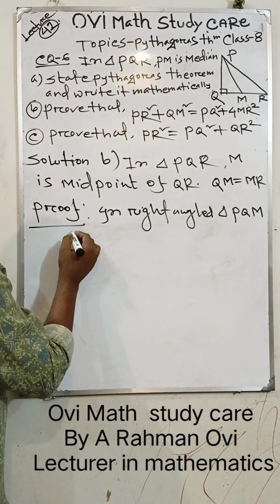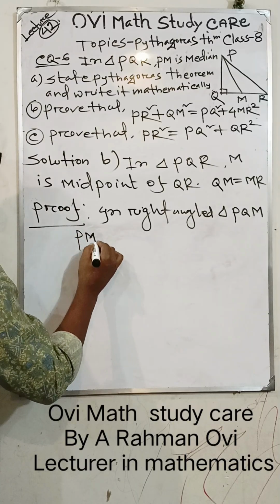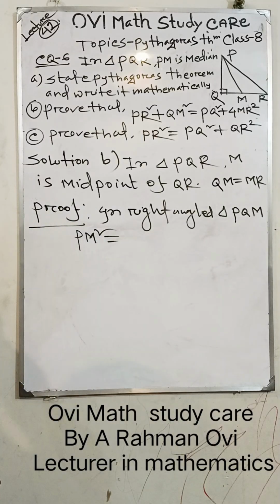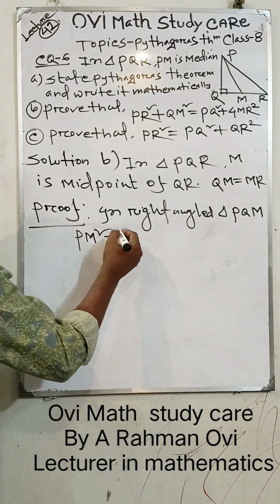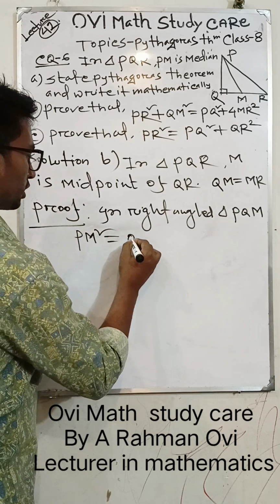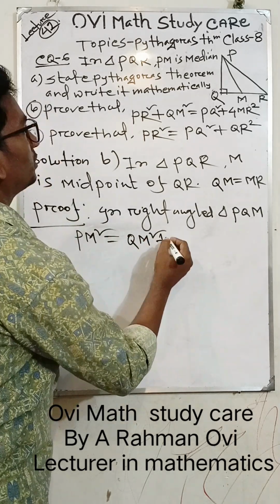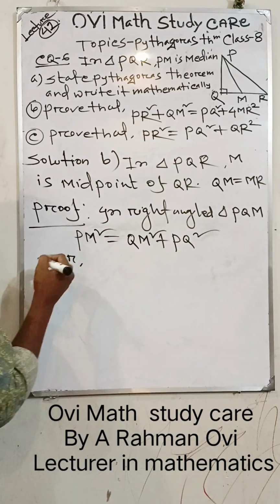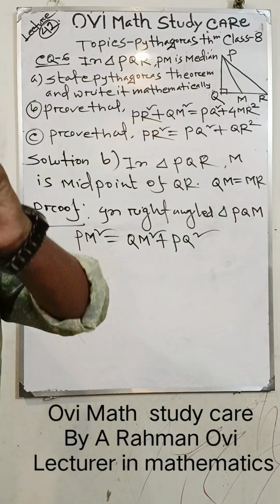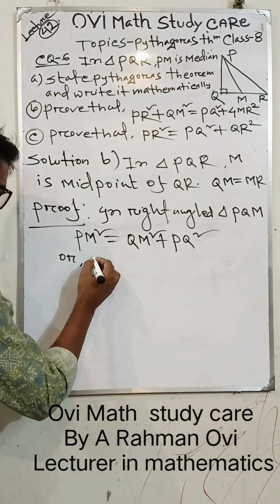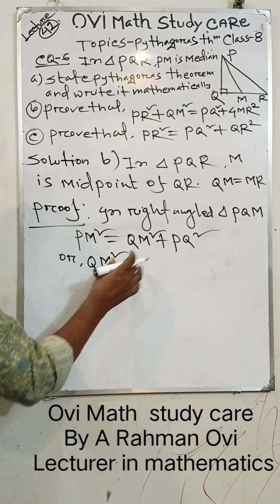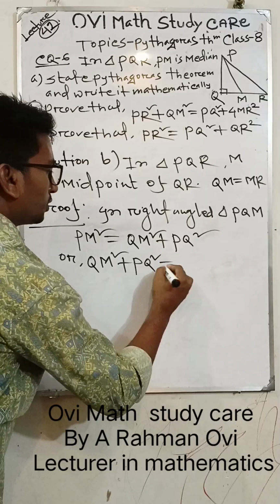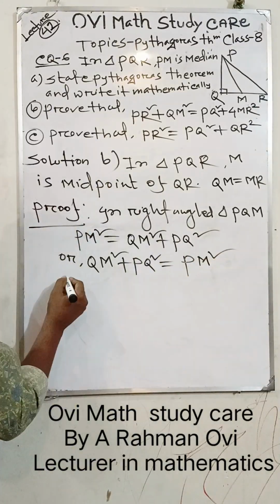Here we can write PM square equal to, according to Pythagoras theorem, hypotenuse square equal to base square plus height square, QM square plus PQ square. We should write the value of QM so that we can write QM square.